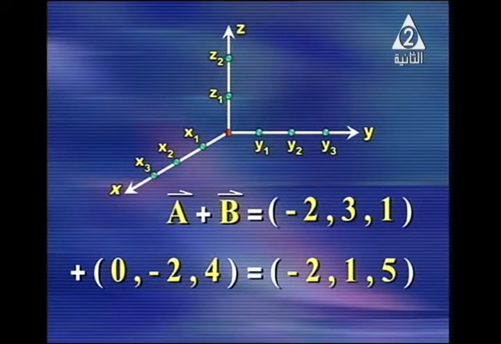Third component: 1 plus 4 equals 5. Then A plus B equals (-2, 1, 5).